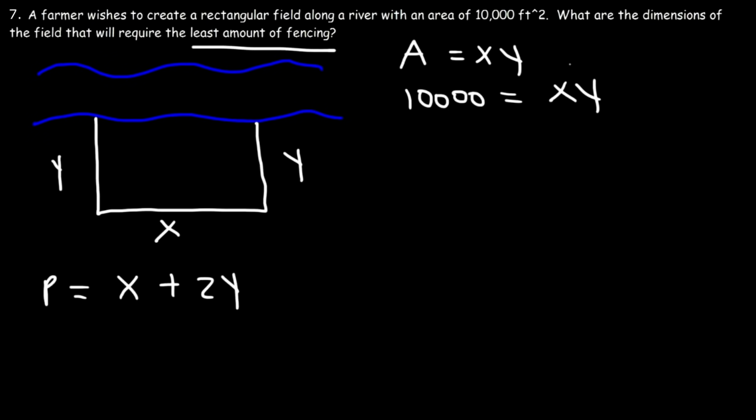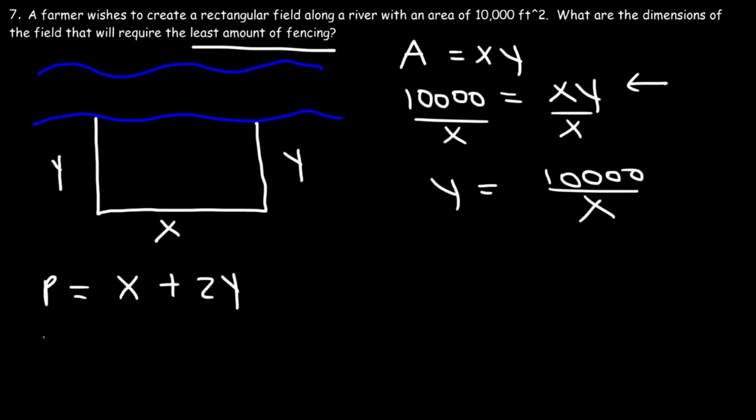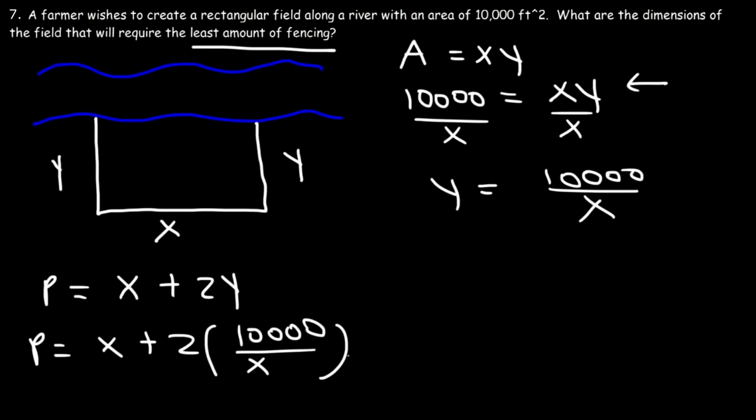Now I'm going to solve for y in this equation, so I need to divide by x. So y is going to be 10,000 divided by x. So now I'm going to replace y with that. So 10,000 times 2, that's 20,000.